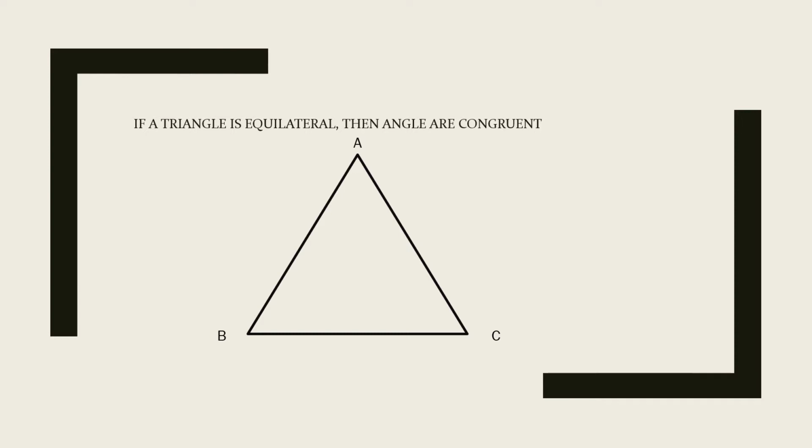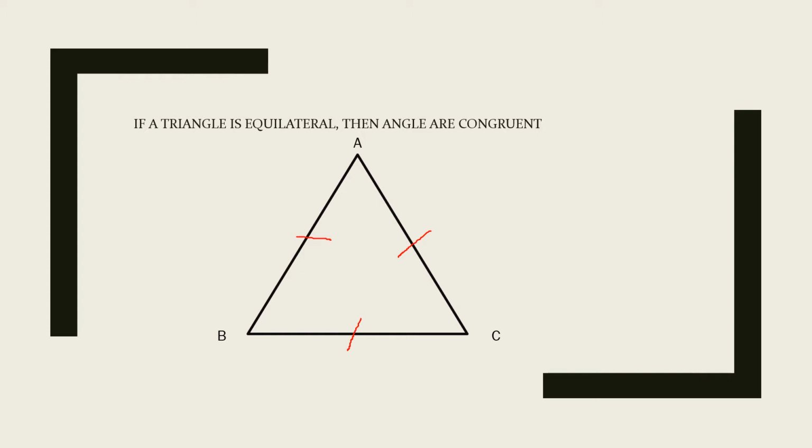Okay, we will prove the equilateral triangle theorems. If each side of the triangle has one hash mark, we know that the three sides are congruent. We should recognize that every equilateral triangle is also an isosceles triangle.